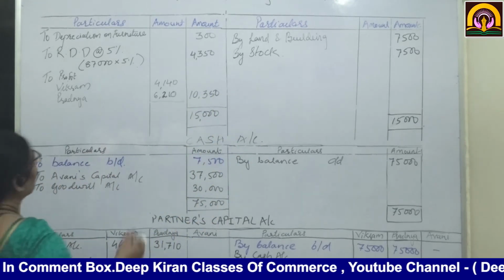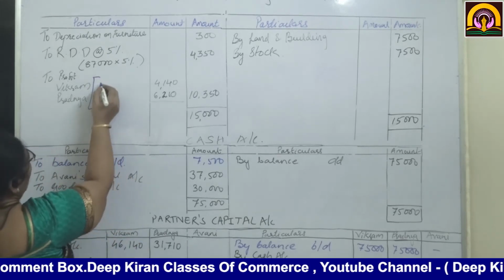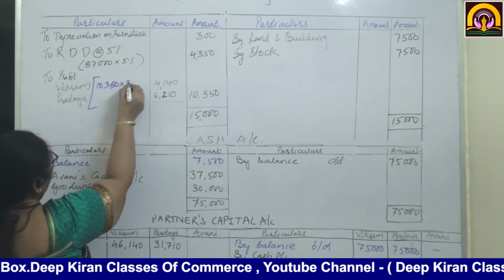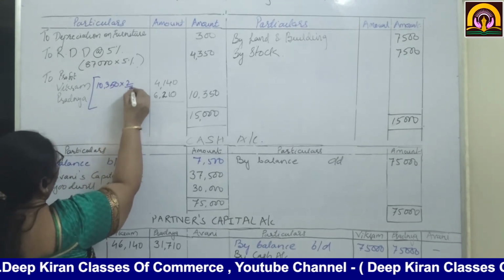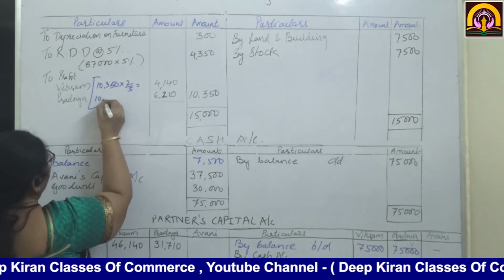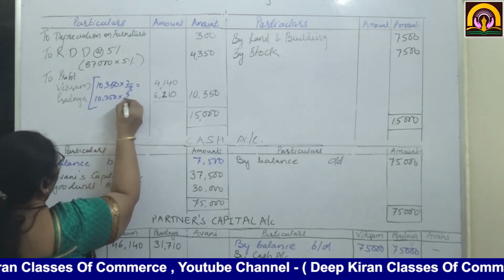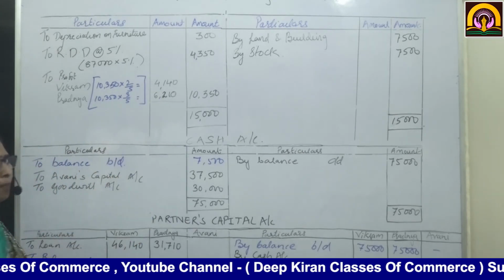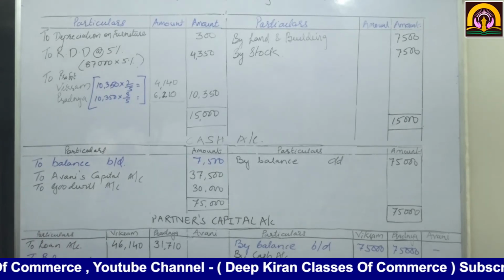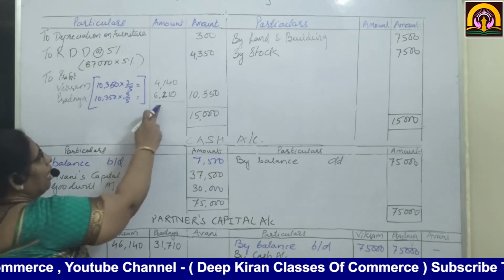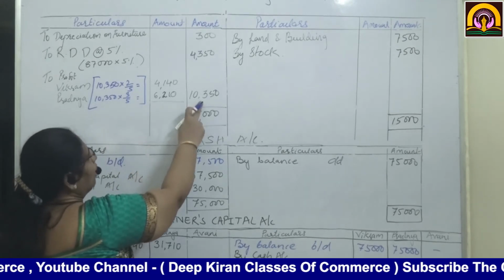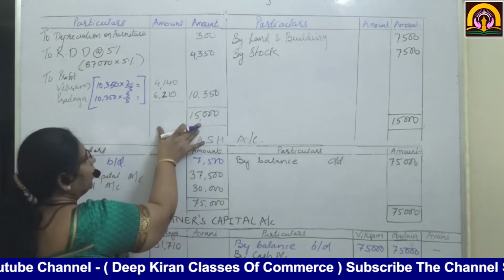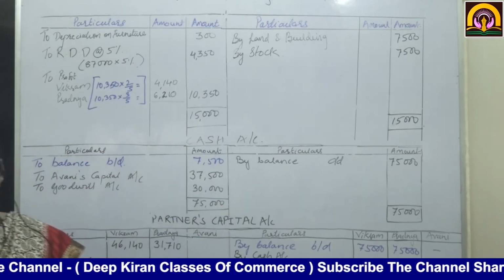Now it will be shared by the old partners. 10,350 into 2 upon 5 and 10,350 into 3 upon 5, these figures will appear: Vikram 4,140 and Pradnya 6,210. Total will be 10,350. Here we have completed the profit and loss adjustment account.